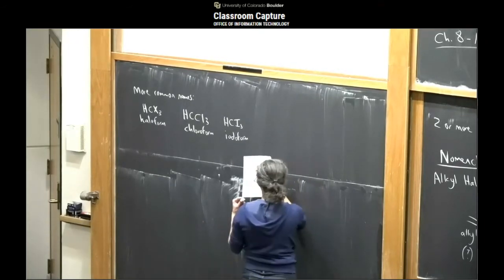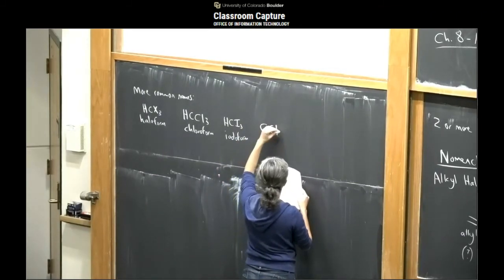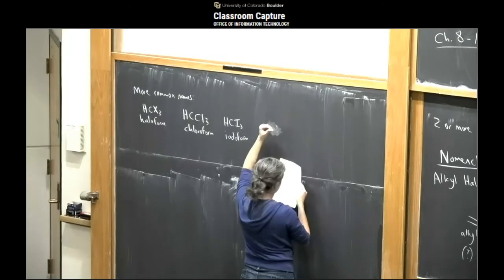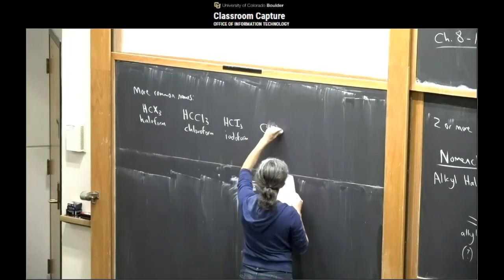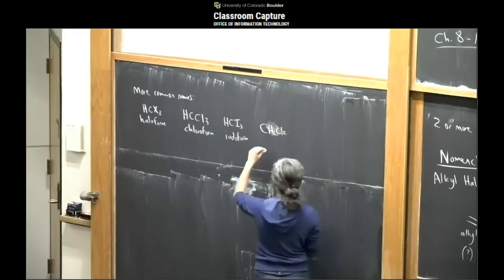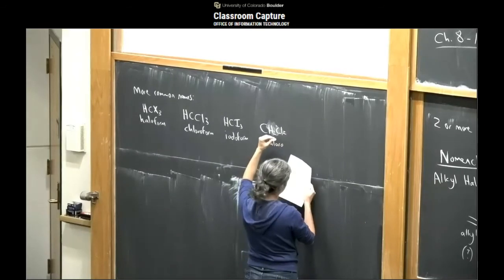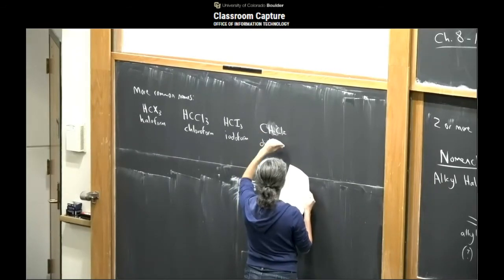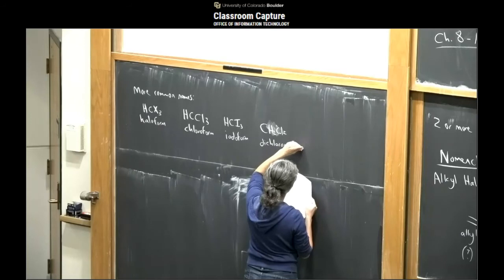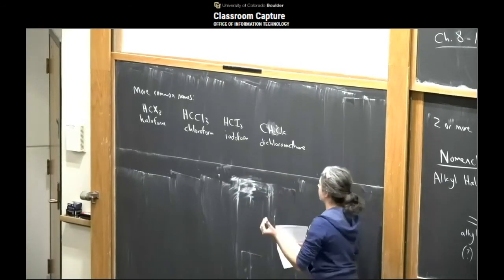Okay, a couple more. This one, CH2Cl2, is, of course, dichloromethane. Well, okay, so this is actually the IUPAC name for it, and we'll cover how we figured that out.